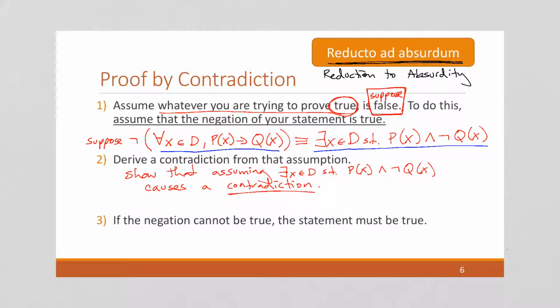Right? Which means the negation cannot be true. And as we know, that's listed out in step 3, if the negation cannot be true, then the statement must be true.